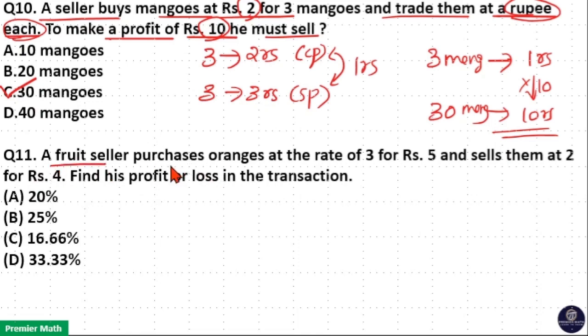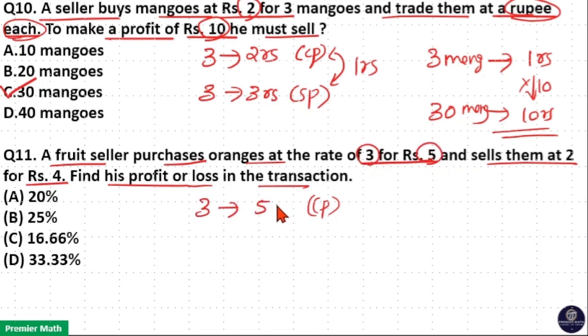Now next is a fruit seller purchases oranges at the rate of 3 for rupees 5 and sells them at 2 for rupees 4. Find his profit or loss in the transaction. Here cost price: 3 oranges at rupees 5. This is the cost price. Now he sells them at 2 for rupees 4. So 2 oranges he sells at 4 rupees means 1 orange he sells at 2 rupees.